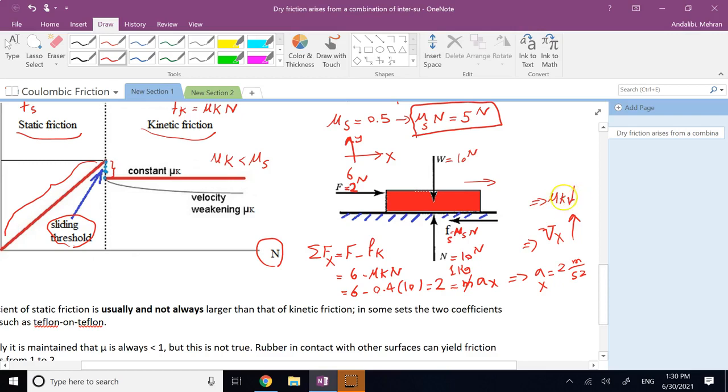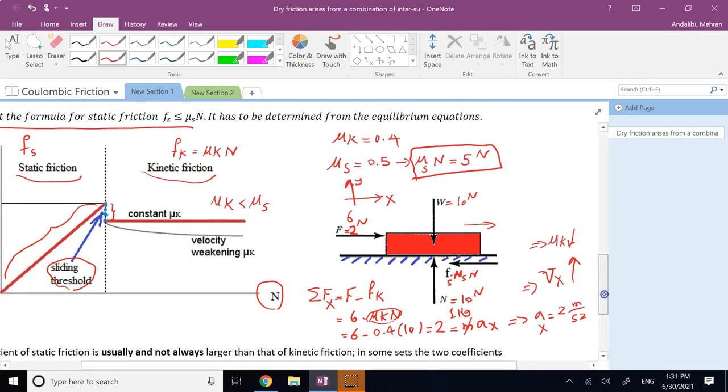And when it drops, this friction force is going to go down a little bit. So even if you keep your capital F force constant, your total force is going to go up, which means a is going to go up, which means your increase in v is going to be even larger. Okay? So your acceleration goes up a little bit as the object starts to gain momentum.